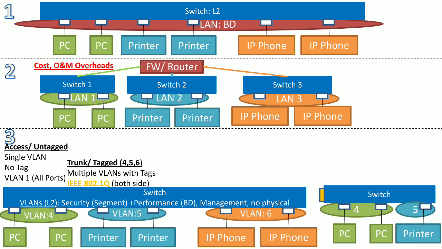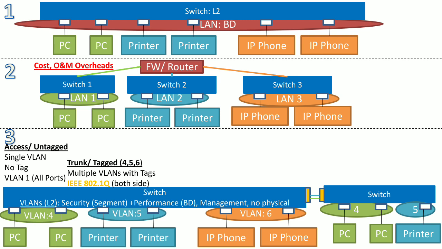Therefore we will configure a port as a trunk port. It means that it can carry the traffic of all the VLANs of this switch, and on the other side we will also create the same trunk port, and on both of these trunk ports we will define that these VLAN IDs are associated with this trunk port. It means that this trunk port can carry the traffic of VLAN 4 and VLAN 5.